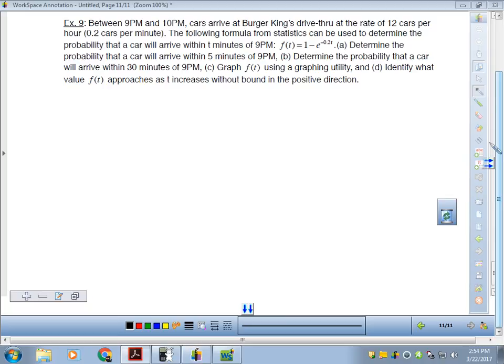The following formula from statistics can be used to determine the probability that a car will arrive within t minutes of 9 p.m. So t here measures minutes, and the formula gives us a probability. So f of t equals 1 minus e raised to the negative 0.2 t power.